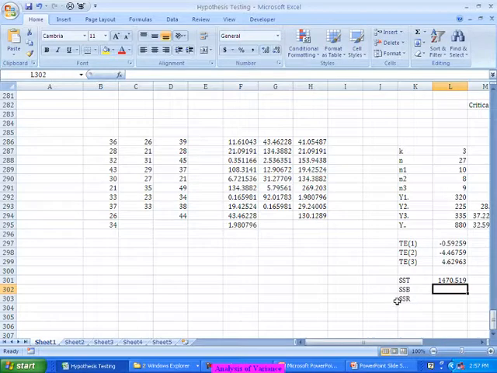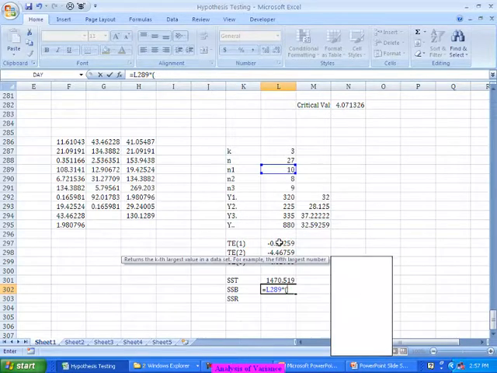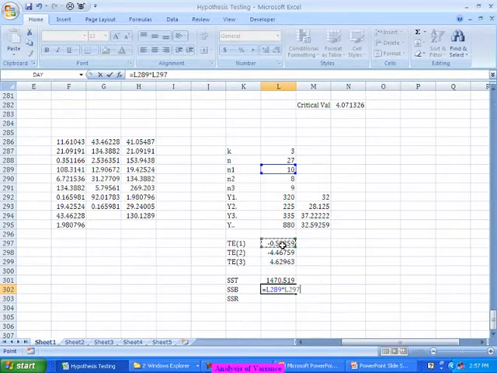1470.52. And the same logic, if I am doing it for the sum of squares between, which is nothing but n1 times the first mean minus the overall mean, the treatment effect square, probably I can do directly that.